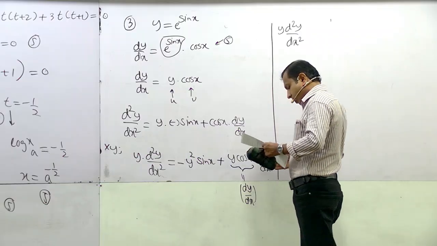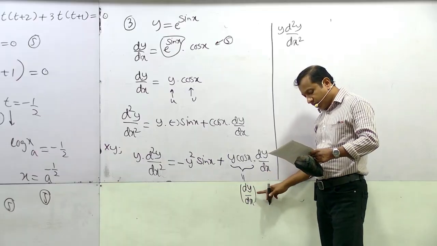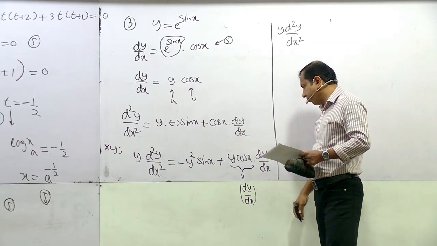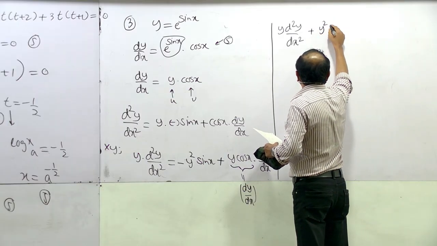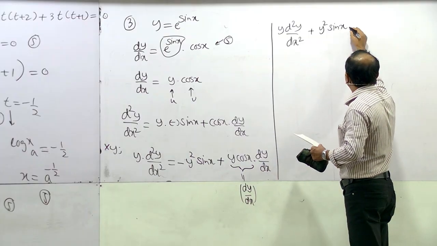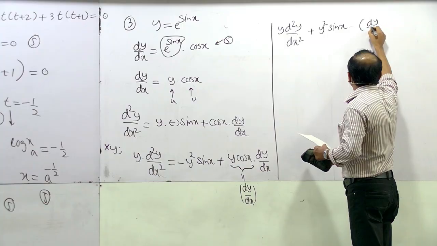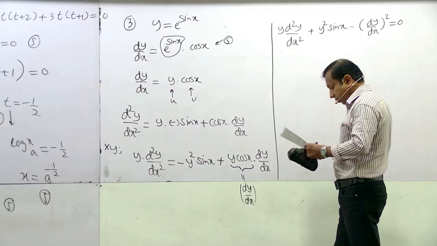Right? Bring this to the left hand side with plus. Here dy by dx is dy by dx perfect square. We get y squared sin x minus dy by dx perfect square equals 0. This way we get that answer.